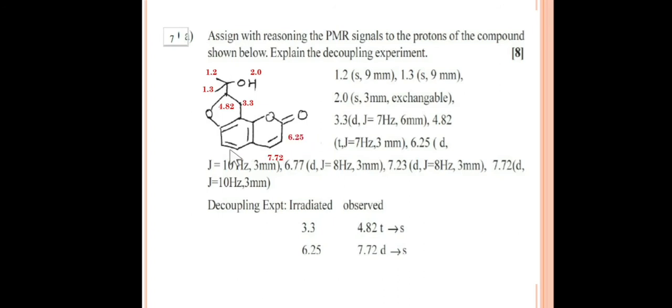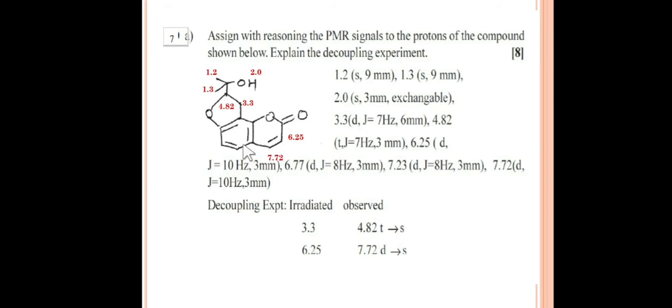Now for the aromatic protons, you can see that the coupling constant is 8 Hz and 8 Hz. That means it is definitely ortho coupling; they are ortho to each other. Now which will be downfield and which will be upfield? If we extend the conjugation from the beta carbon, this proton will become downfield because it is in conjugation with this carbonyl group.